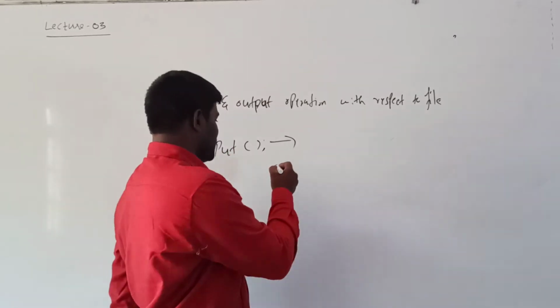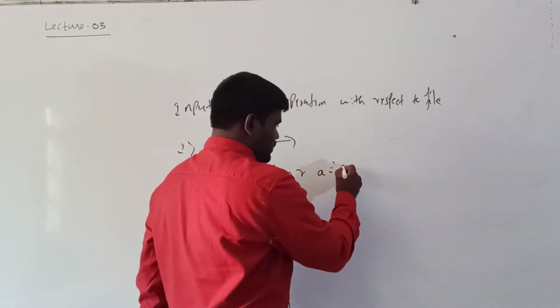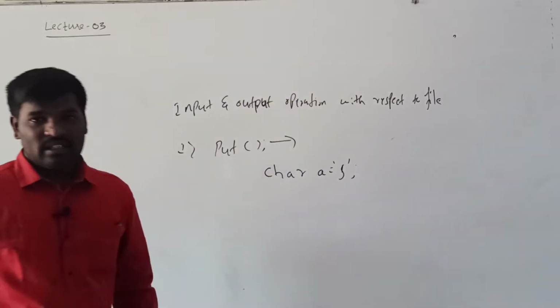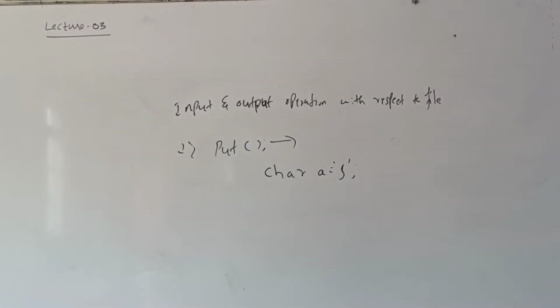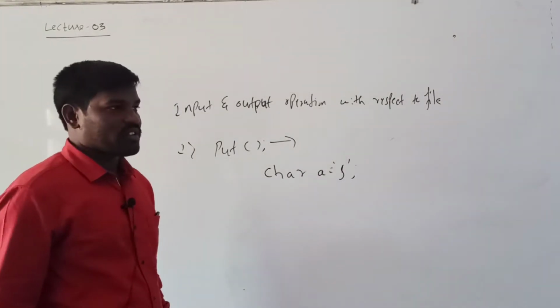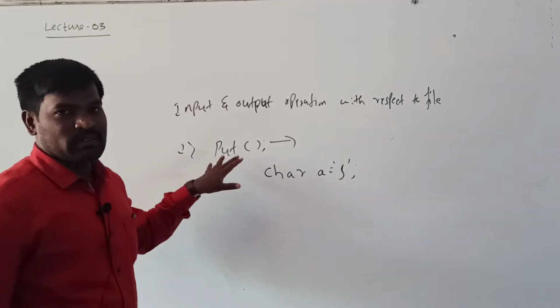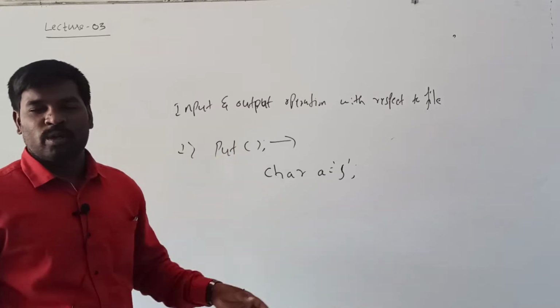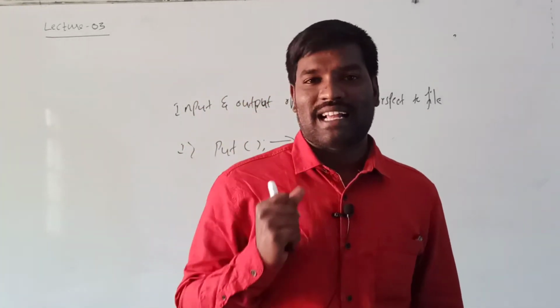For example, char a is equal to 's'. Here a character means a single character enclosed within single quotes. Put is obviously an output function, and output means we have to create an object of the ofstream class. There is an ifstream class, an ofstream class and an fstream class.